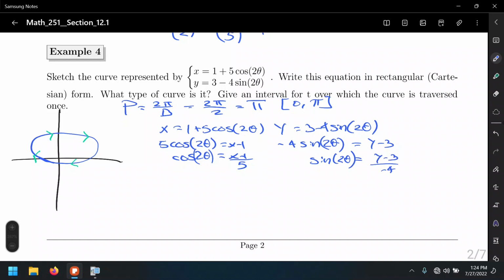Don't worry about those negatives, but recall that when we use the trigonometric identity, that square is going to become positive.